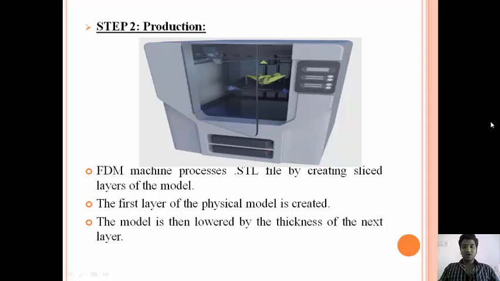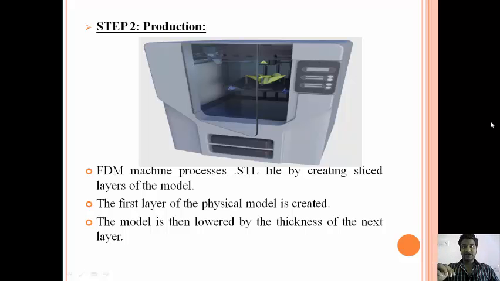After creating one layer, it can be a bottom-up process or a top-down process. We create a layer by layer model of the required part. The model is then lowered by the thickness of the next layer.